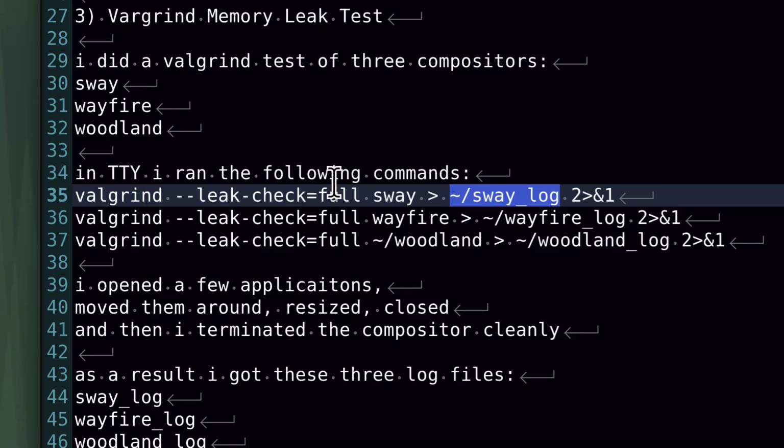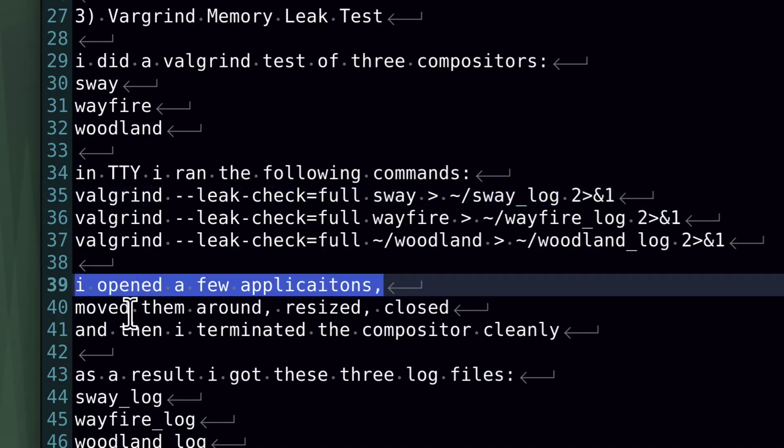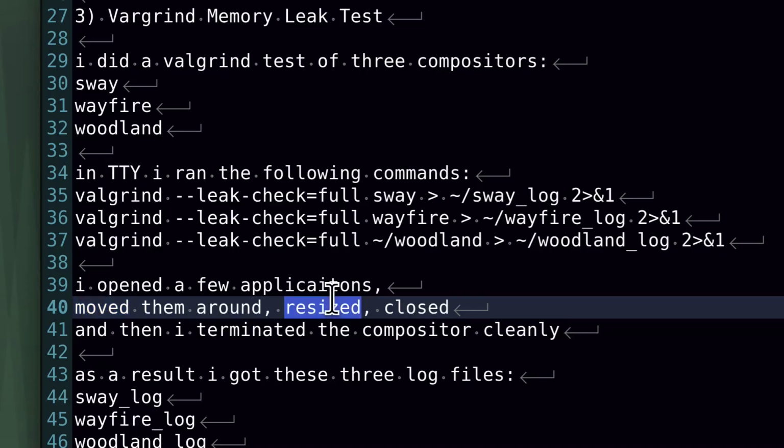What I did, in each compositor I opened a few applications, I moved them around, I resized them, I closed them, and then I terminated the compositor cleanly. As a result, I got these three log files. These log files will show you if there were any memory leaks encountered.